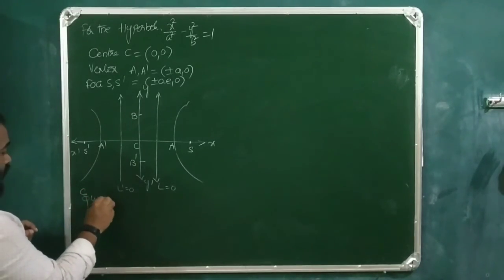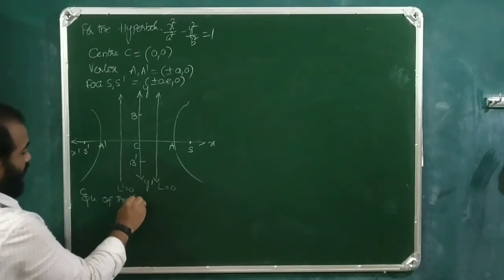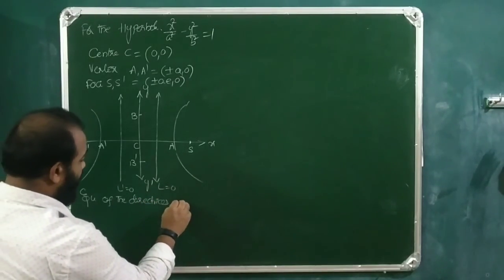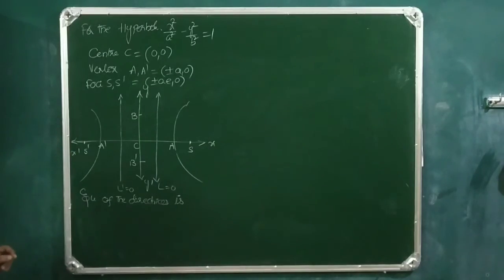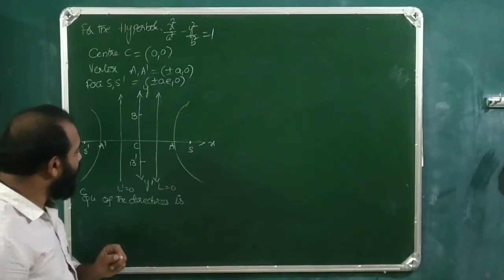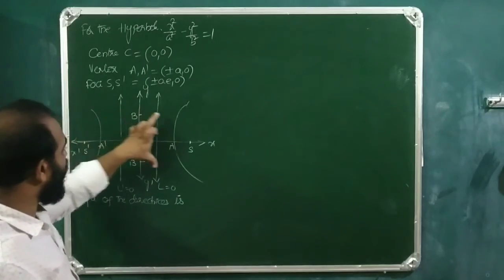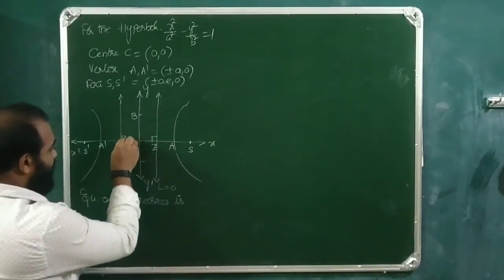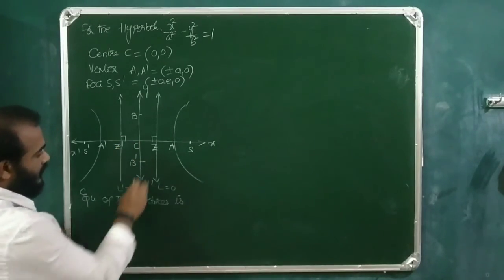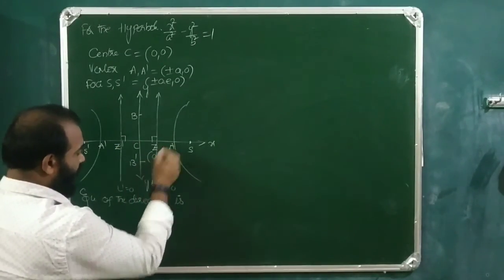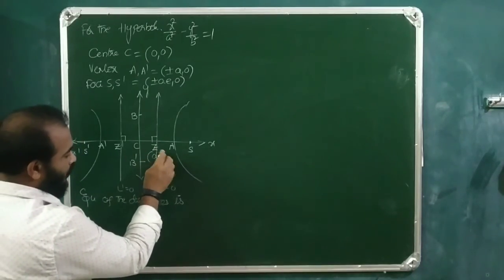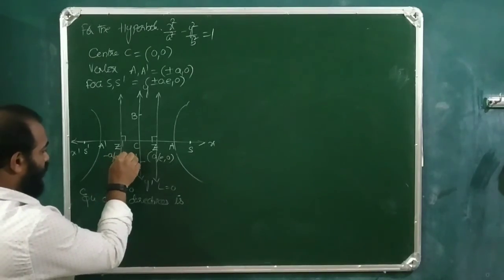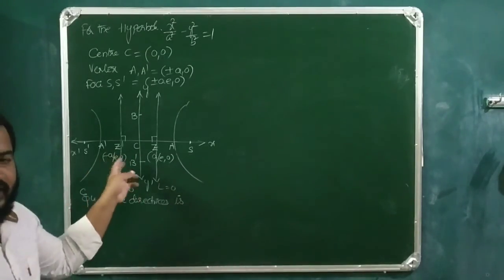Equation of the directrices is, so these two are the equation of the directrices and this is Z and this is Z dash. This we have seen to be a by e comma 0, minus a by e comma 0, which we have proved in the derivation.